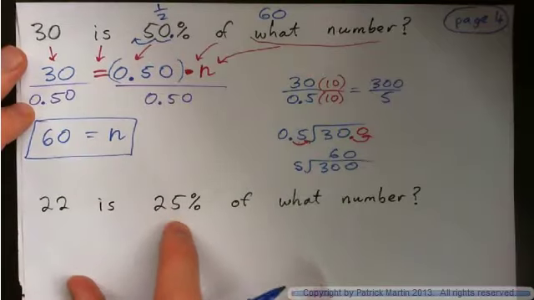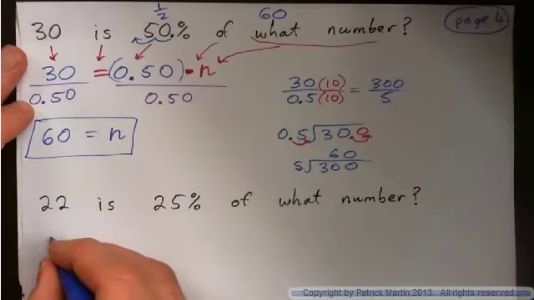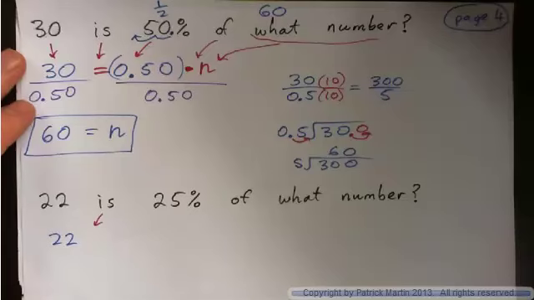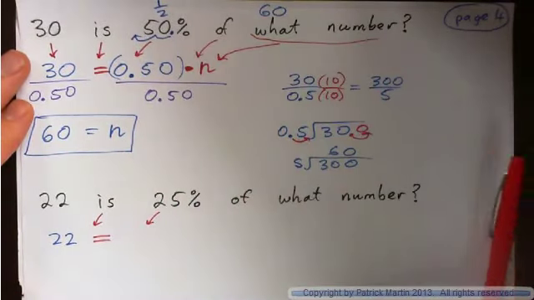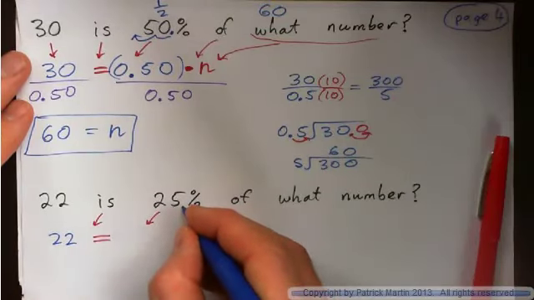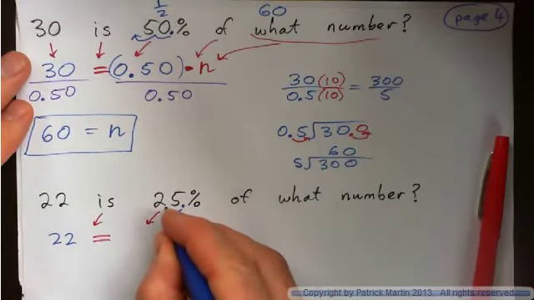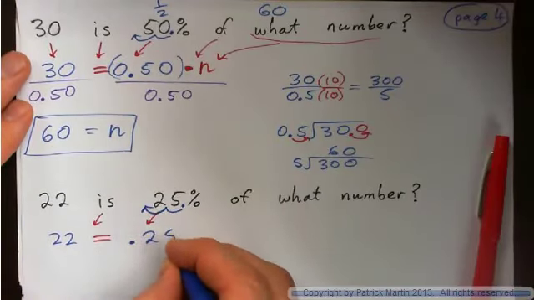Okay, 22 is 25% of what number? Let's first turn it into an equation so we get some practice. So 22 can be written like that. Is can be written as what? Equals, right? Write 25% as a decimal. Take the decimal point and move it where? 2 spaces to the right, 0.25.